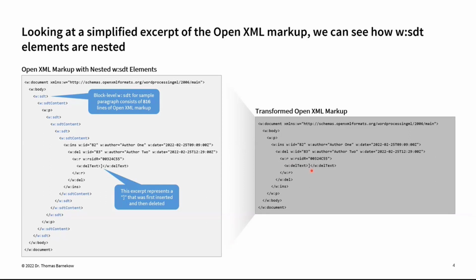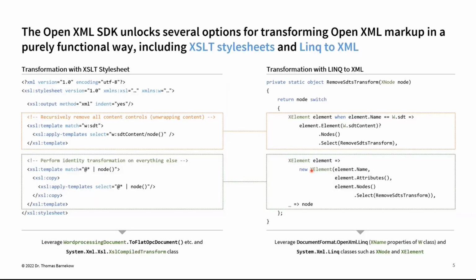To transform Open XML markup, or generally any XML markup, the most natural thing to do, if you understand a little bit about the technology, would be XSLT, the XML Stylesheet Language Transformations.